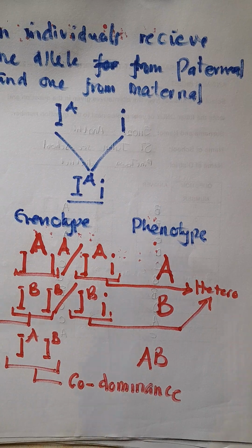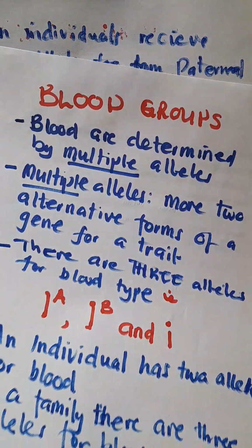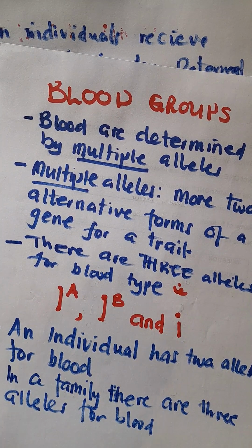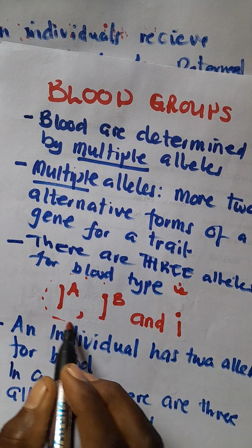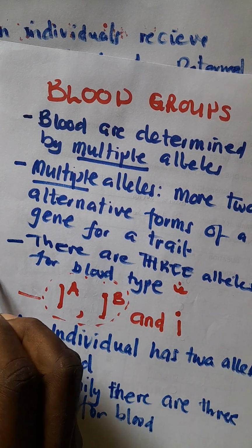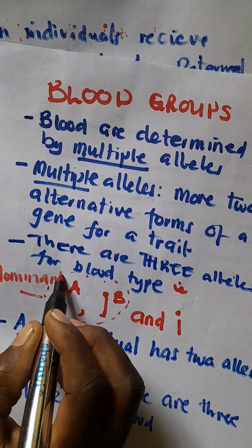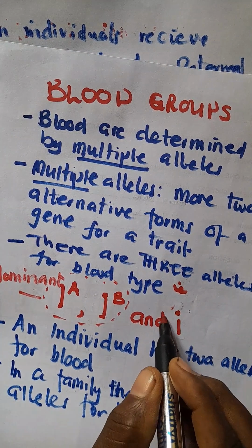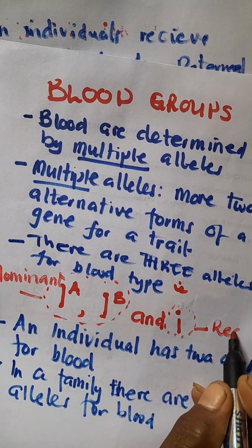By the way, if I come back there, let's go back here. So this IA and IB are dominant. So these two here, they are dominant. While this one here, the I recessive, is recessive.